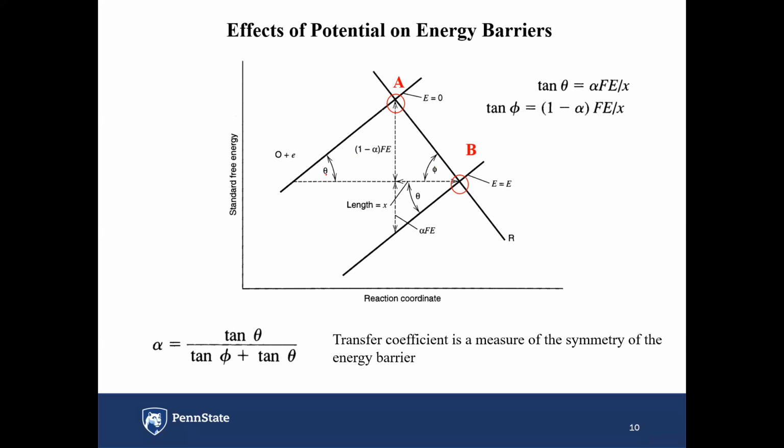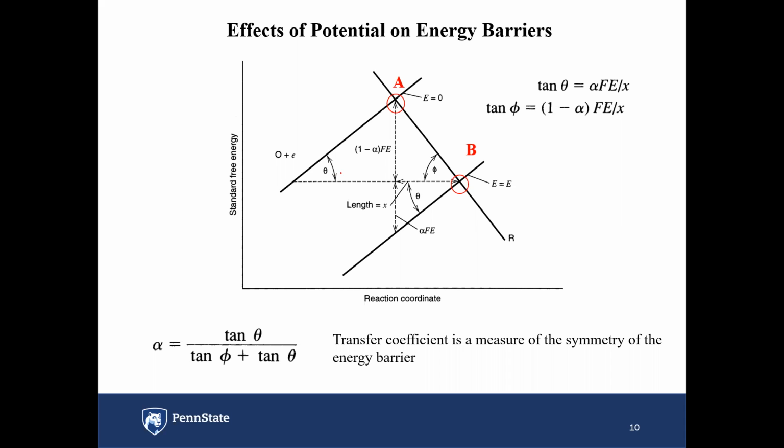Actually, we can put different angles here, because these two lines are parallel, and the line R is crossing these two parallel lines. And we can see we have two angles here. One angle is called theta, and one angle is called phi, right? And we have two thetas because these two lines are parallel, so this angle is equal to this angle, right?